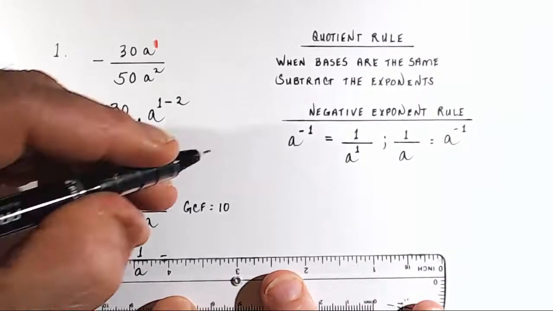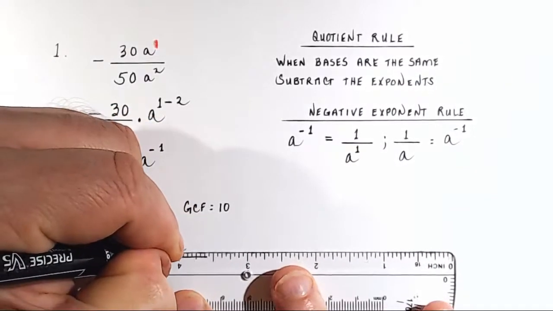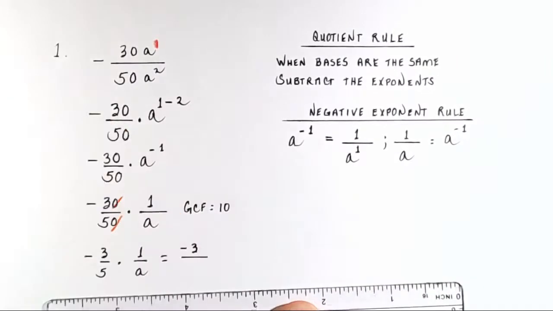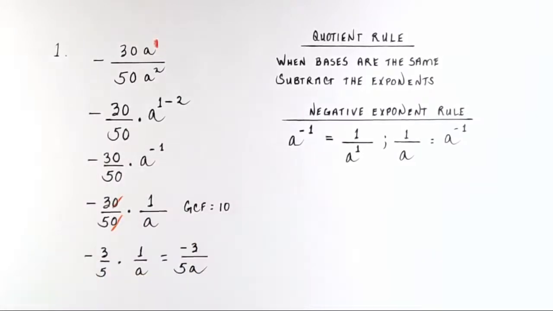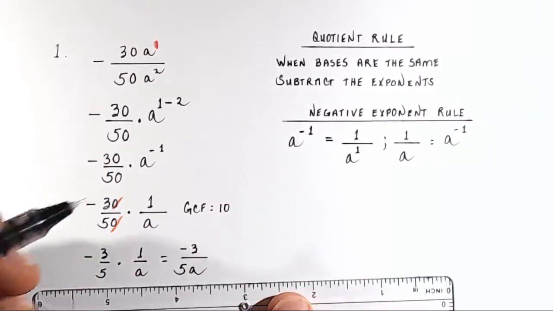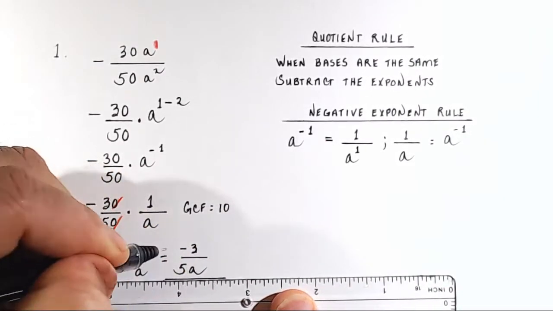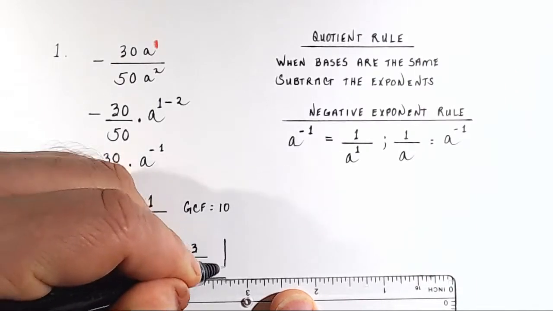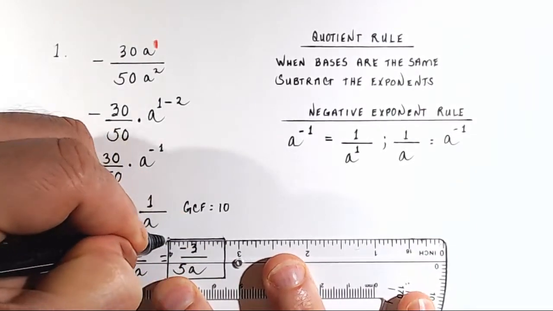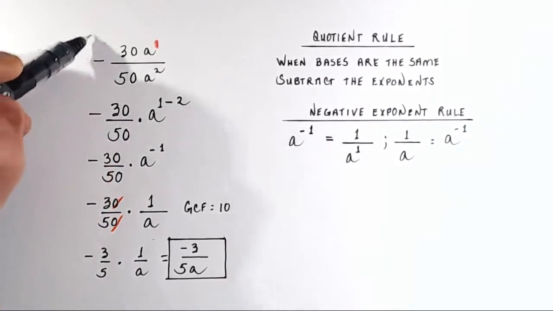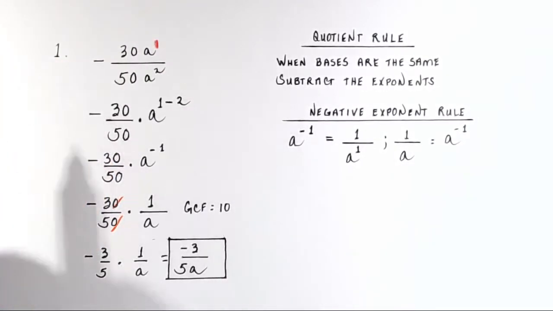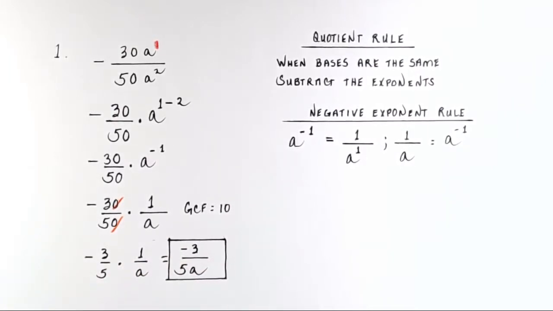Negative 3 times 1 is negative 3. 5 times a is 5a. Okay, so this is the answer, or the simplification. And the key thing to remember with simplification is that this complex expression is equal to this simpler expression. And that's the whole point.